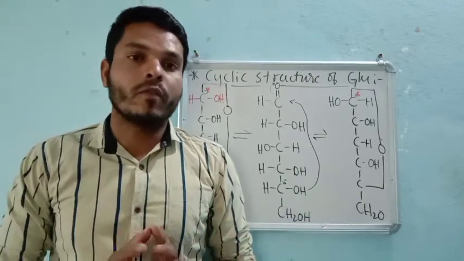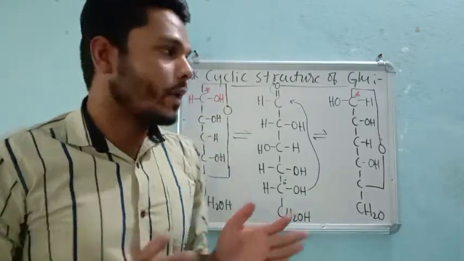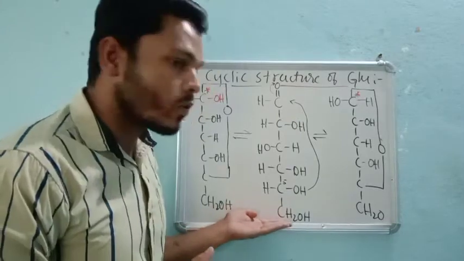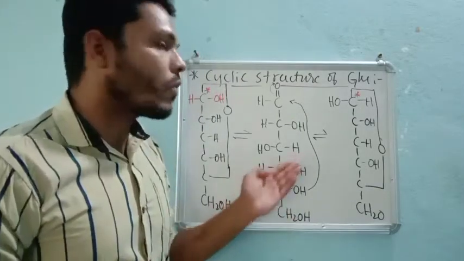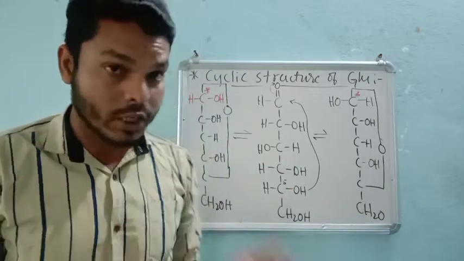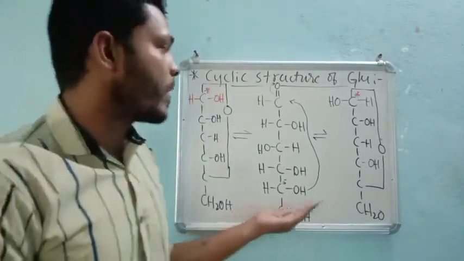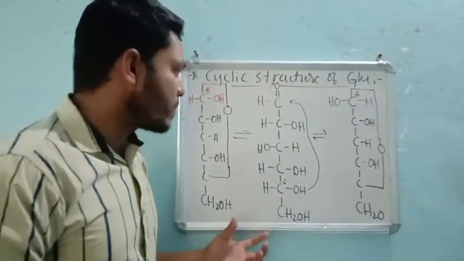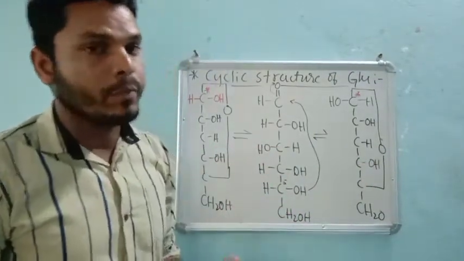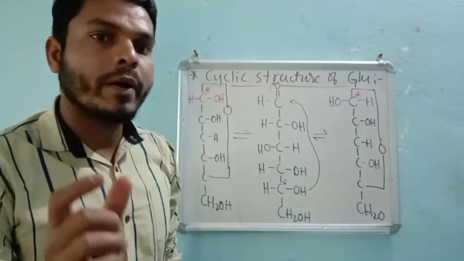So the alpha form we will get if I heat this particular glucose at 303 Kelvin. Still we don't know which is the alpha form and which is the beta form among these two, right? And one more form we are getting, that is the beta form.